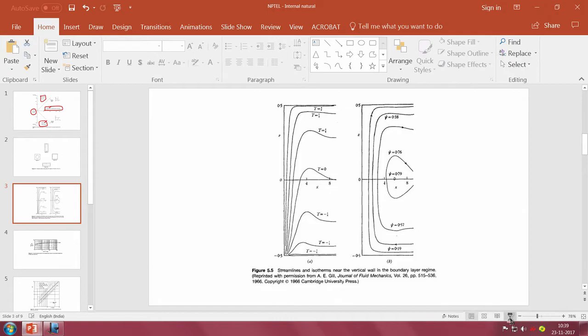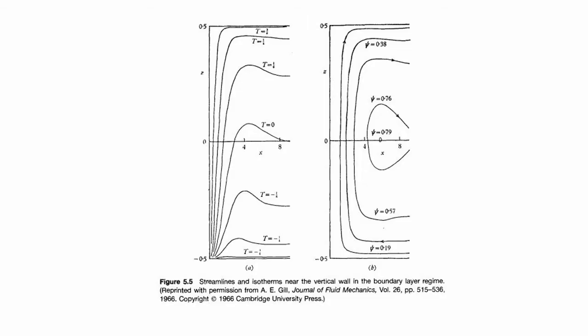If you look at this now, these are the isotherms and these are the corresponding streamlines that you see in an enclosure of that sort, right. This is from Gill, Journal of Fluid Mechanics, very long time back. This work was done very long time back, right. So, you can see, this is the core region, these are basically the boundary layers.